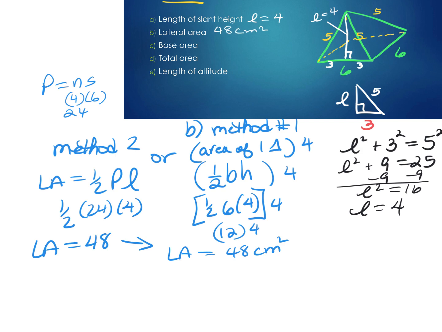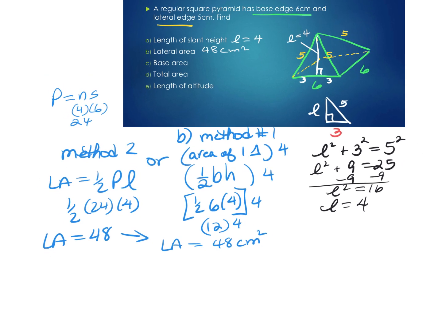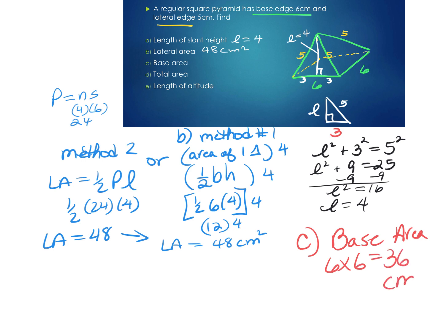For part C, I need to do the area of the base. Remember, your base was a square. So base area is 6 times 6, 36 centimeters squared. And now for total area, we're going to do the area of the base plus the lateral area.